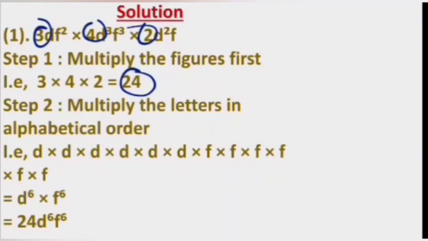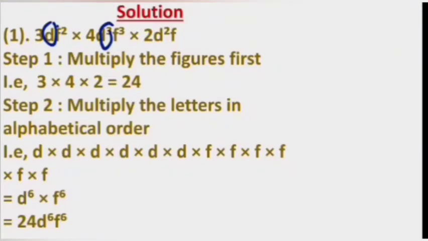Step 2, you multiply the letters in alphabetical order. Here, the first term has 1d, that's just a letter. The next term has d cubed, d raised to the power 3.